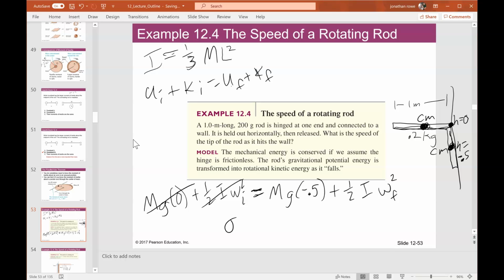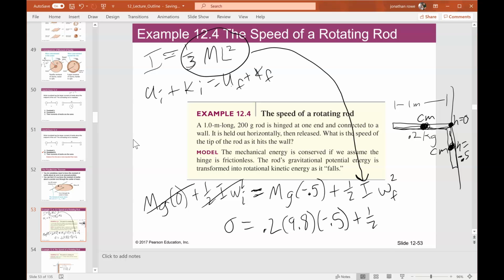This is 0 equals 0.2 times 9.8 times negative 0.5, plus 1/2, and now 1/3 ML squared has to go in for I. So 1/2 times 1/3, and M is 0.2, and L for that rod is the length of the rod, so it's 1 squared.